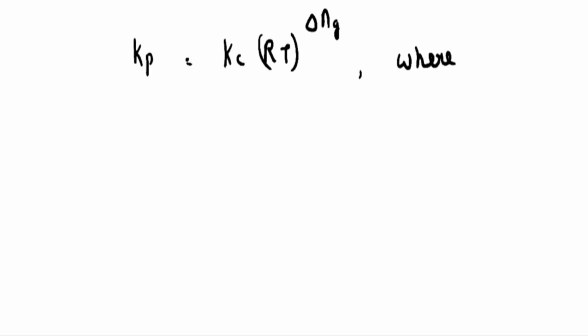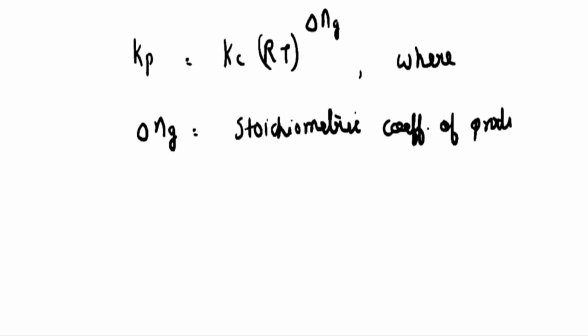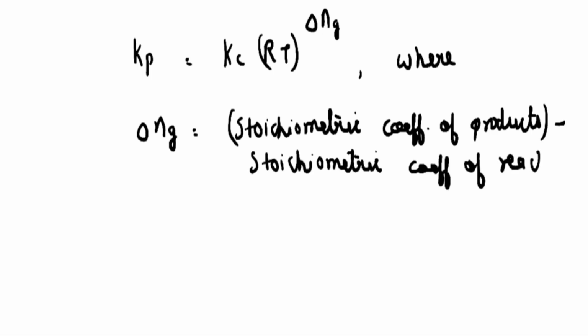Kp is given as Kc RT raised to the power delta Ng, where delta Ng is the difference between the stoichiometric coefficients of products and reactants, provided that the products and reactants we are taking in the calculation of delta Ng are gaseous.